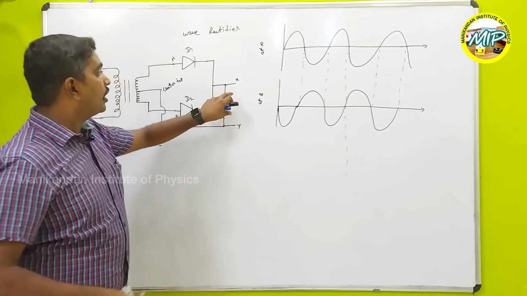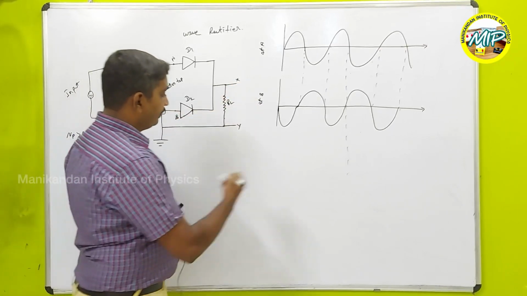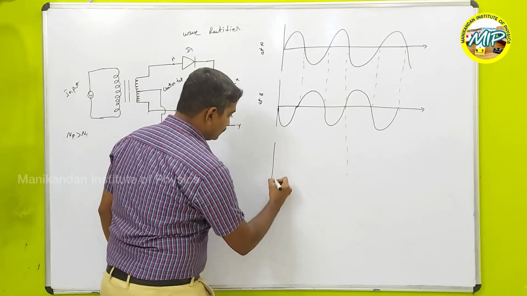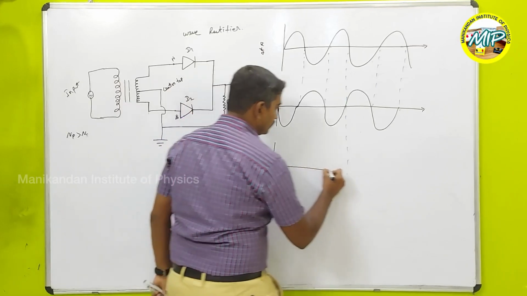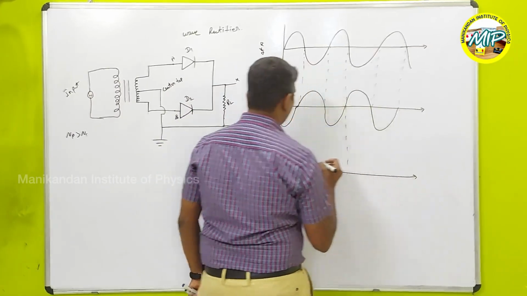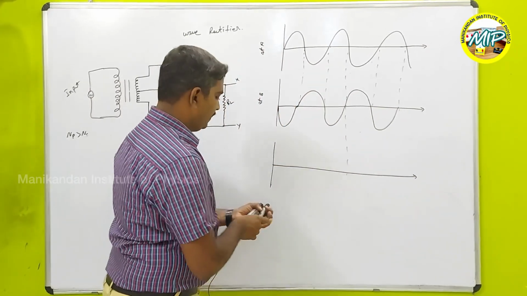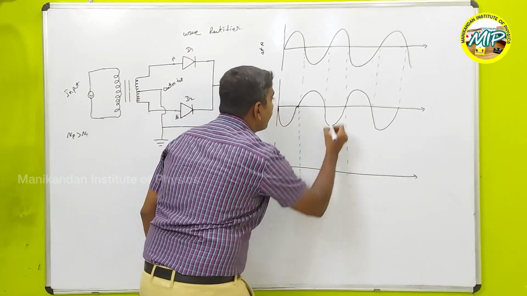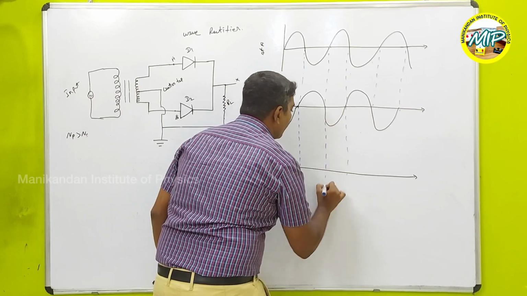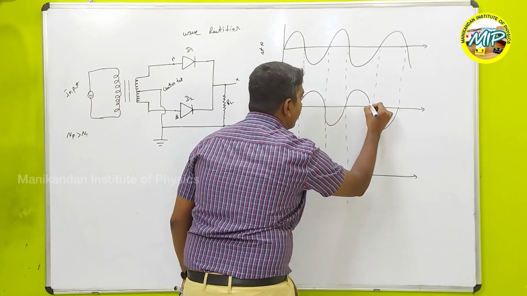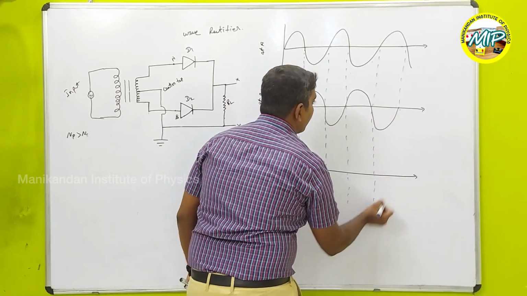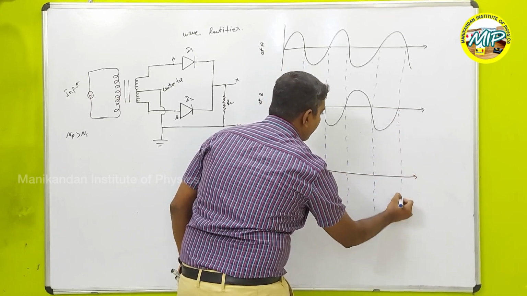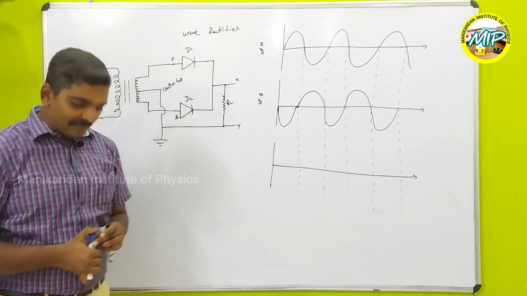So I am going to plot the output. Okay. So I take this straight line here. Okay, so first what's happening?